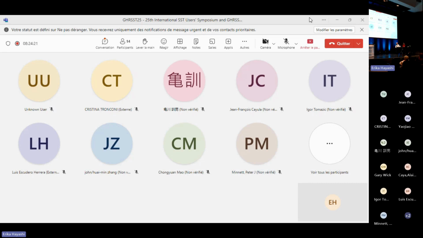Salvatore? Yes, it's just a comment rather than a question about the ERA5 fluxes. We made a regular measure of radiative fluxes over our mooring near Lampedusa, which is in open sea, every day for 5 years, and we found that ERA5 fluxes work quite well, at least for the Mediterranean Sea.